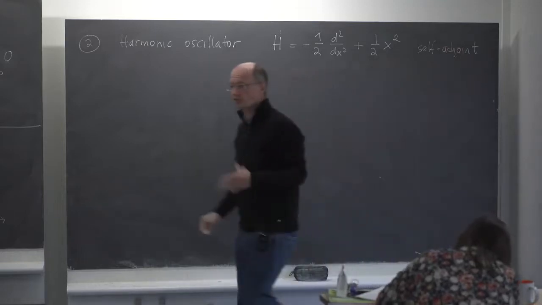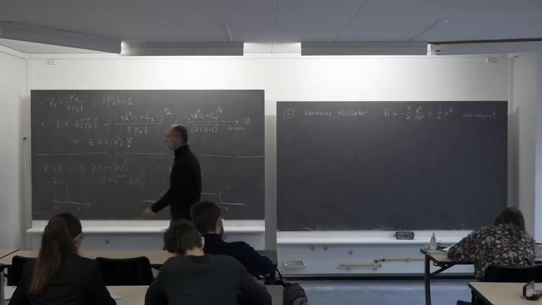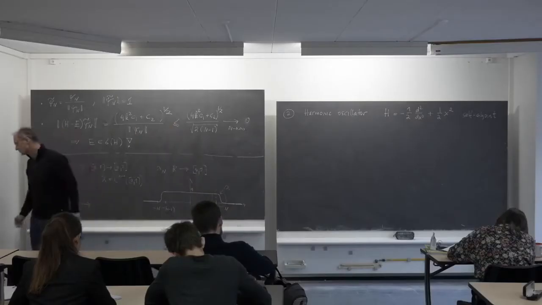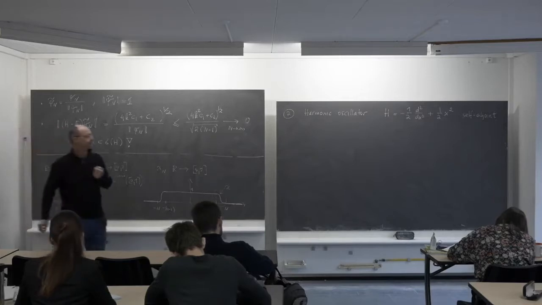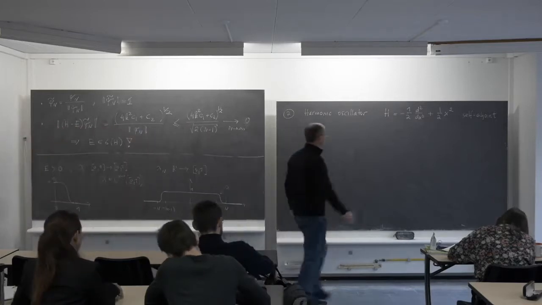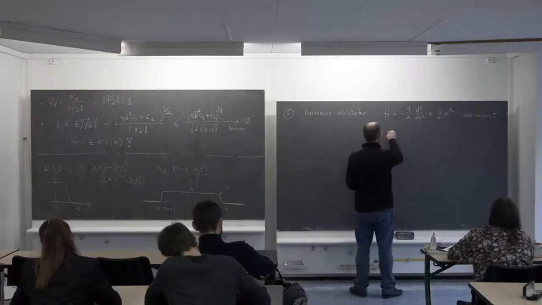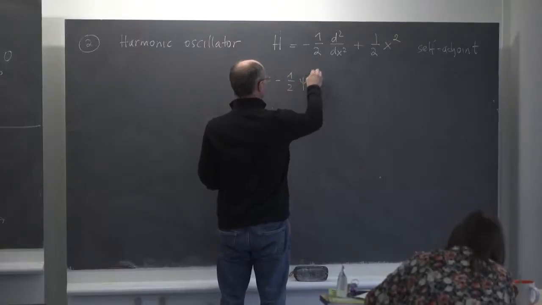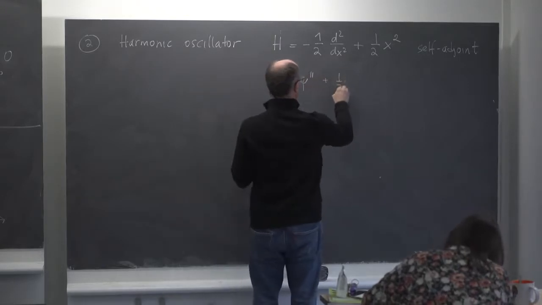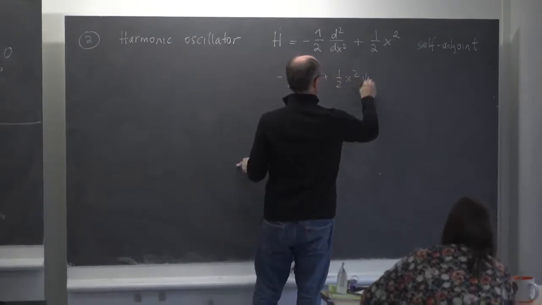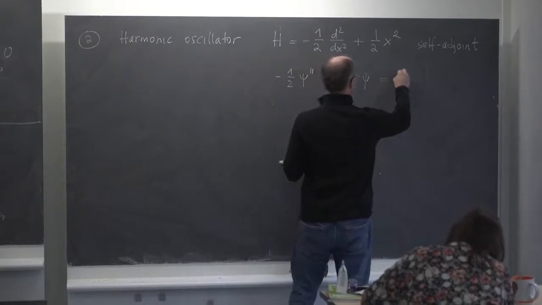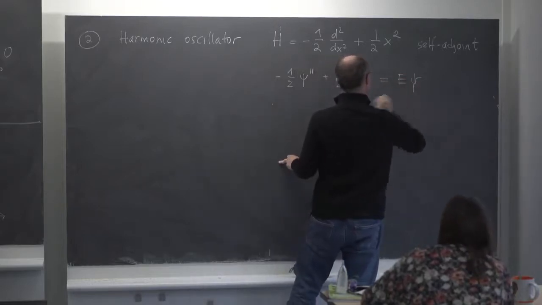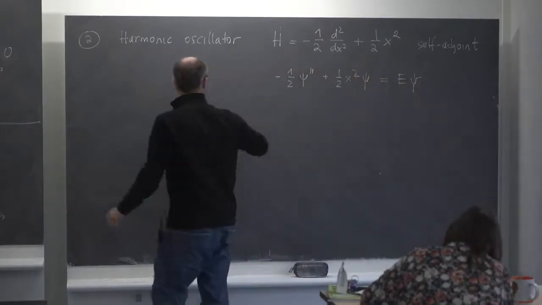So self-adjoint, or essentially self-adjoint, depends on what domain of definition you choose. And the corresponding Schrödinger equation is minus 1/2 psi double prime plus 1/2 x squared psi is equal to E psi.